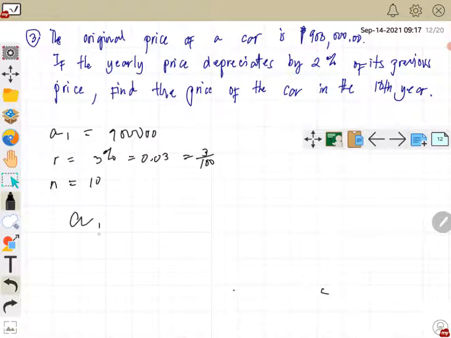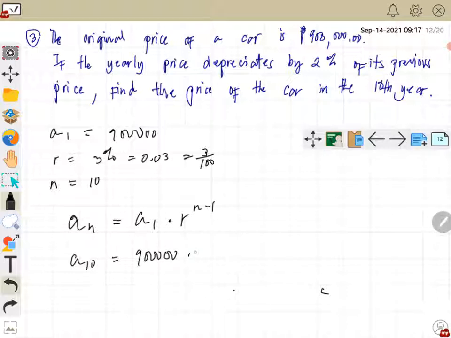So we simply use a sub n. A sub n equals a sub 1 times r raised to n minus 1. We have a sub n, which is a sub 10. We are looking for that. Our a sub 1 is 900,000 times 0.03 raised to n minus 1.